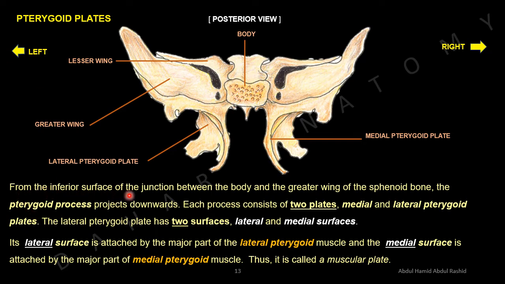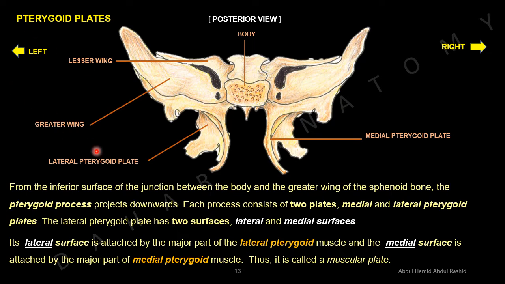From the inferior surface of the junction between the body and the greater wing of the sphenoid, the pterygoid process projects downwards. Each consists of two plates, the medial pterygoid plate and the lateral pterygoid plate. The lateral pterygoid plate has two surfaces, lateral and medial.